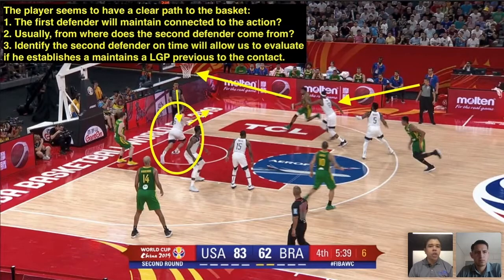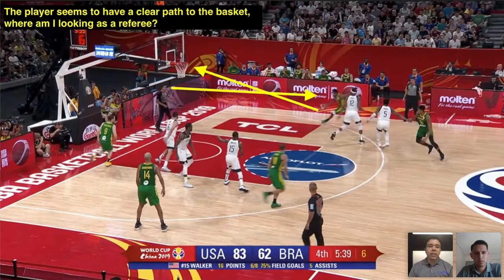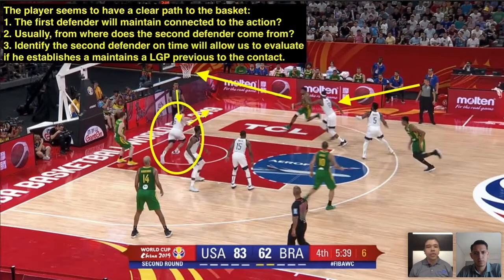The second defender, usually, where does he come from? This is a question we can answer ourselves by watching games and clips: they usually come from the paint, because that is where they are on the other side, and they try to help on the strong side where the ball is.